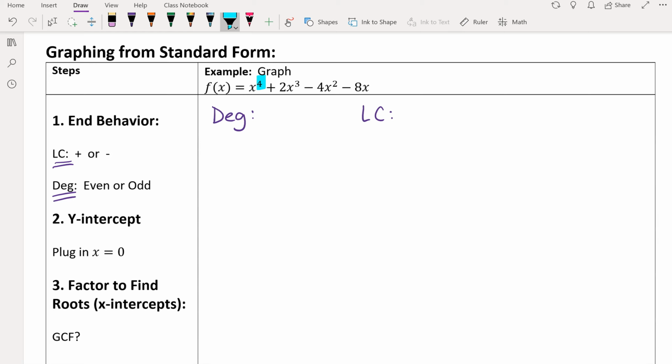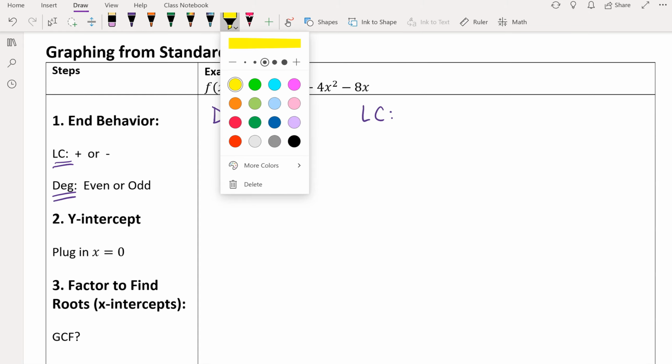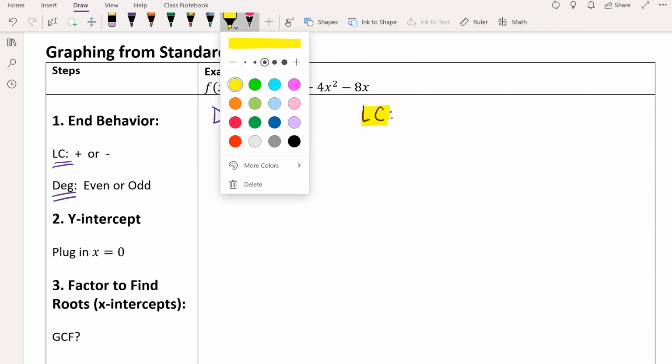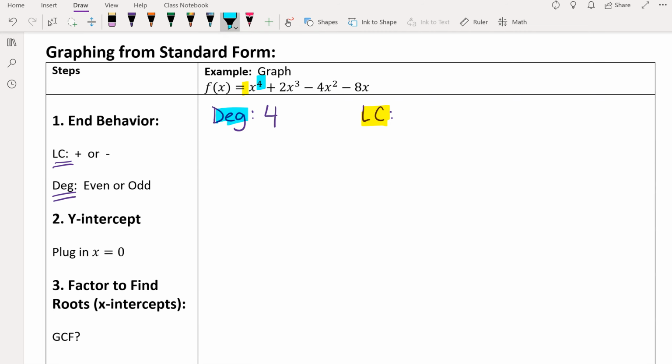It's the highest exponent when we're not in factored form. So we are not in factored form here, we're in standard form. So it's our highest exponent. We don't have to add the exponent when we're in standard form. And then the leading coefficient is the number that is in front of the x with the highest exponent. And that is just a 1 in this case. Because there's nothing there, there's no number here, the leading coefficient is positive 1.